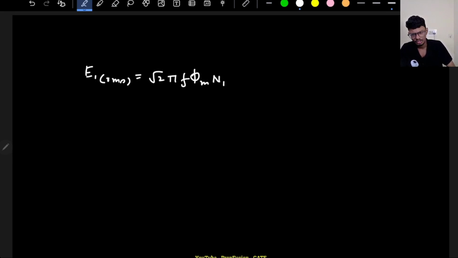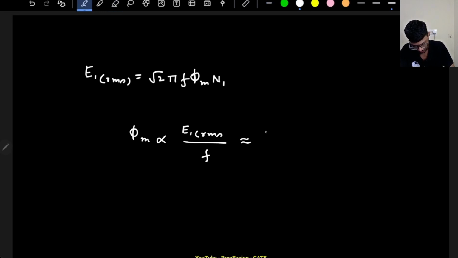Now one thing we comment on is that the maximum flux in the core is dependent on the ratio of the voltage E1 RMS, which is roughly proportional to voltage upon frequency, because other things will be fixed.